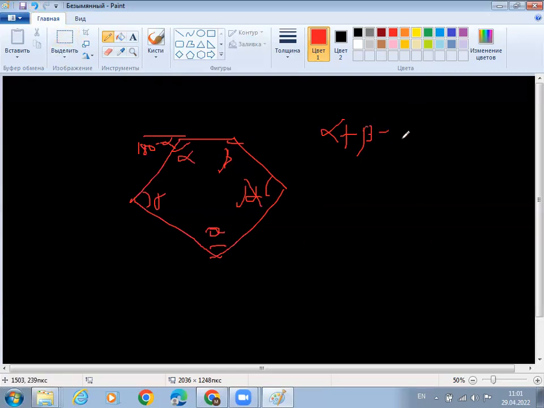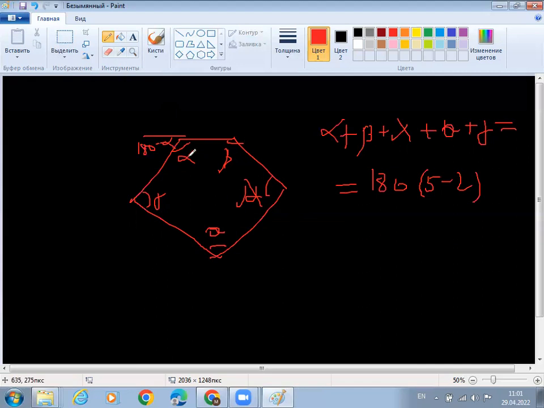Alpha plus beta plus lambda plus theta plus gamma equals, we said, 180 times 5 minus 2. Correct. But do not forget, each exterior angle here is how much, guys? 180 minus alpha here, 180 minus beta here.